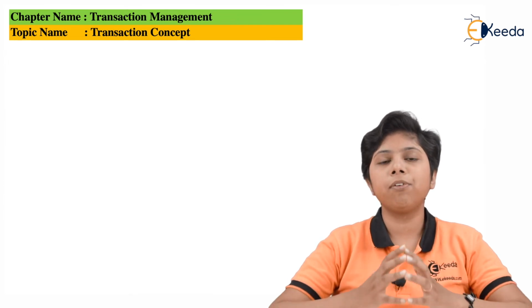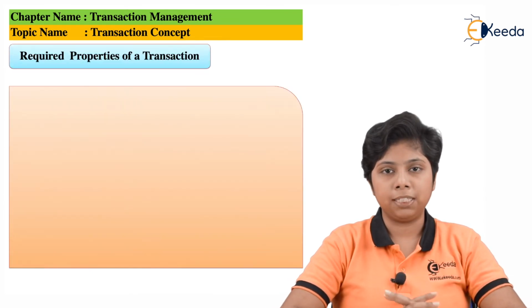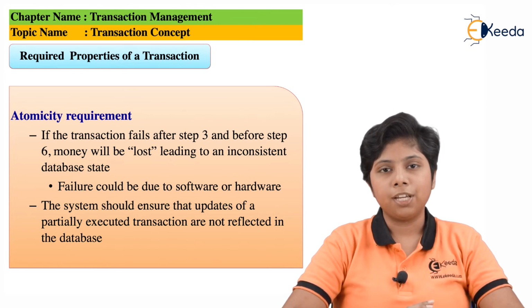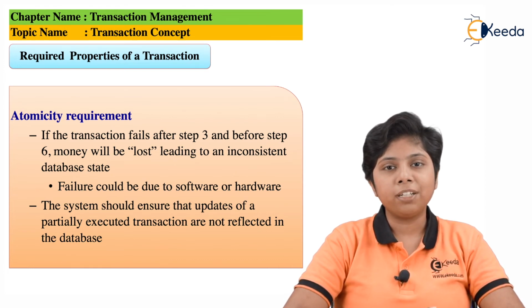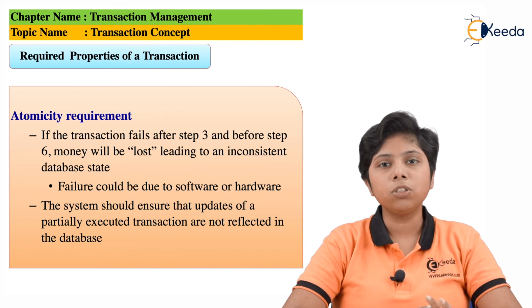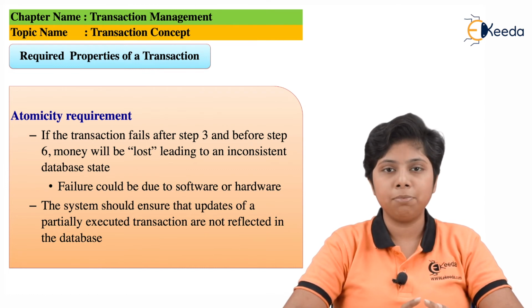Now first we will talk about atomicity. What do we mean by atomicity in these transactions? Atomicity means whether we have 2 or 3 accounts, for example here we have 2 accounts, the 2 accounts will be updated at the same time.